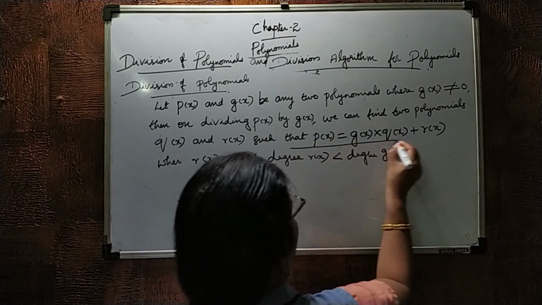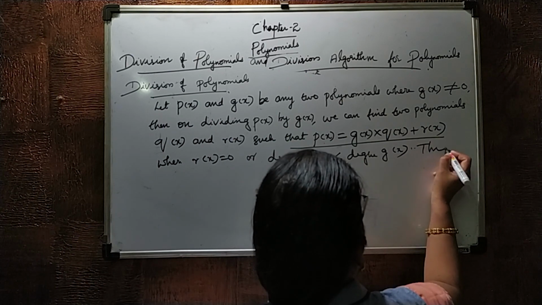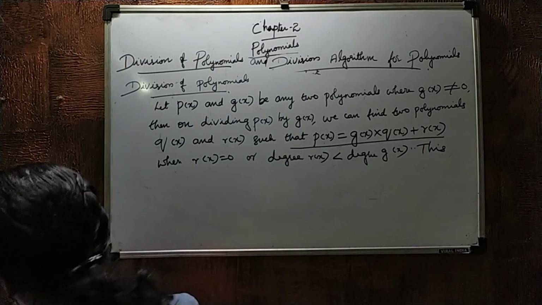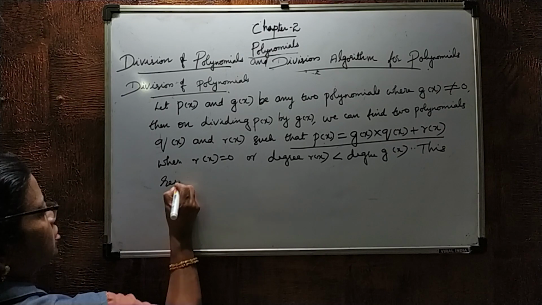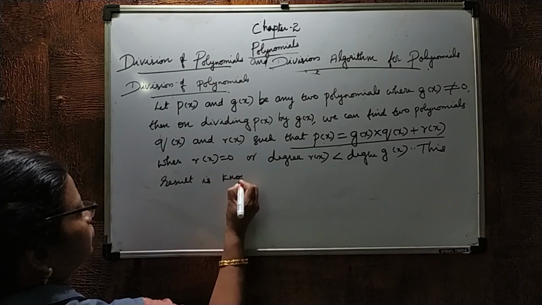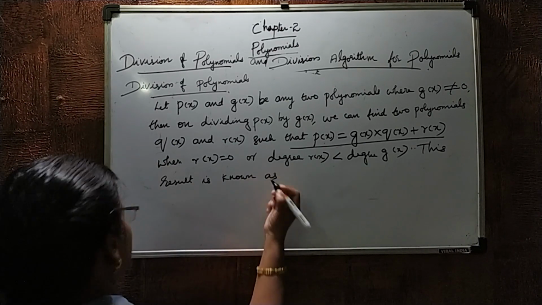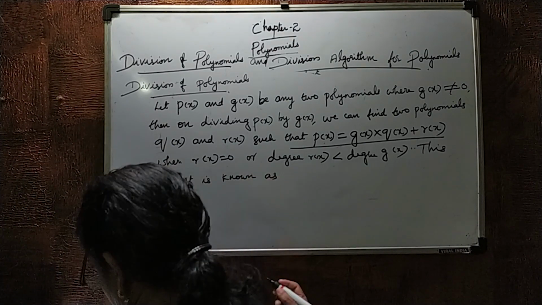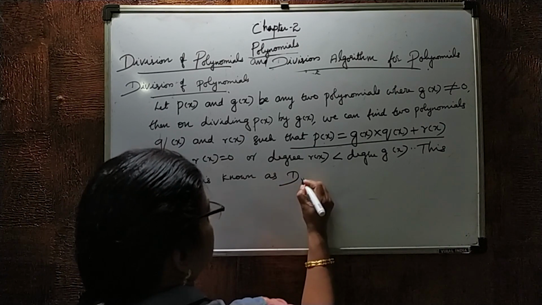And this result is known as division algorithm for polynomials.